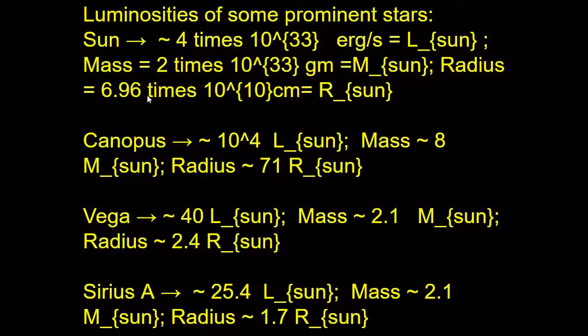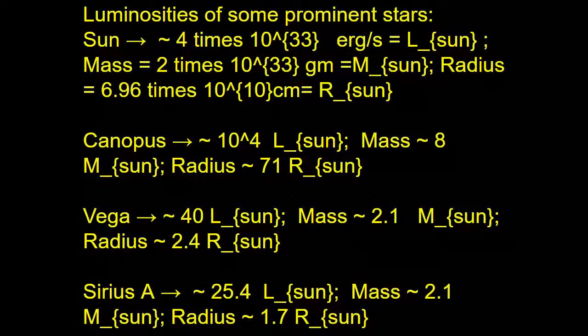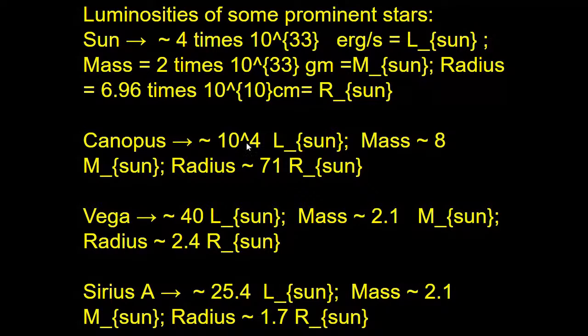And Canopus, or Agastya, is 10,000 times brighter than sun. Brighter meaning its luminosity. The amount of energy Agastya is radiating per unit time is 10,000 times our sun.